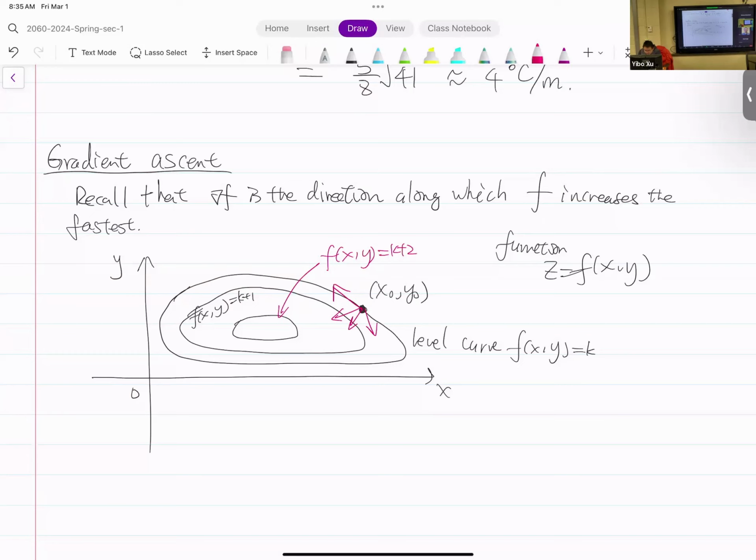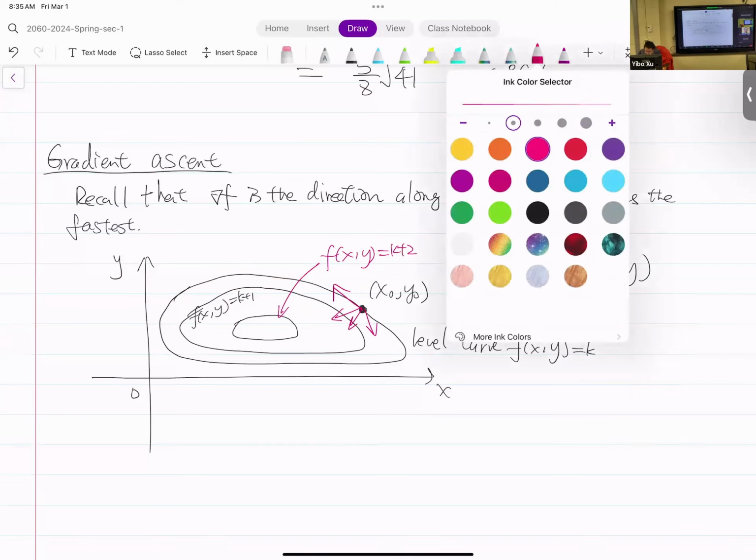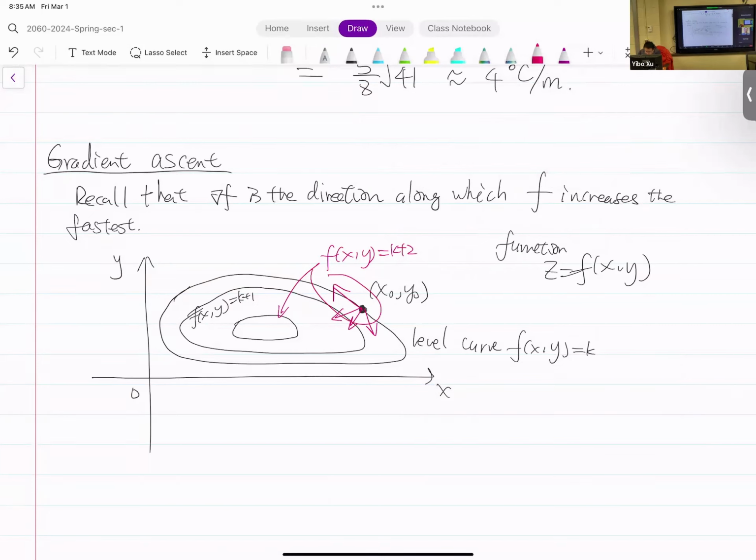And of course, if you think about it, this direction is actually kind of tangent, right? It's kind of tangent to the contour curve that you're staying on. So what does this contour curve tell you? The contour curve tells you your functional output is always k, right? So let me sketch a tangent line for this contour curve.